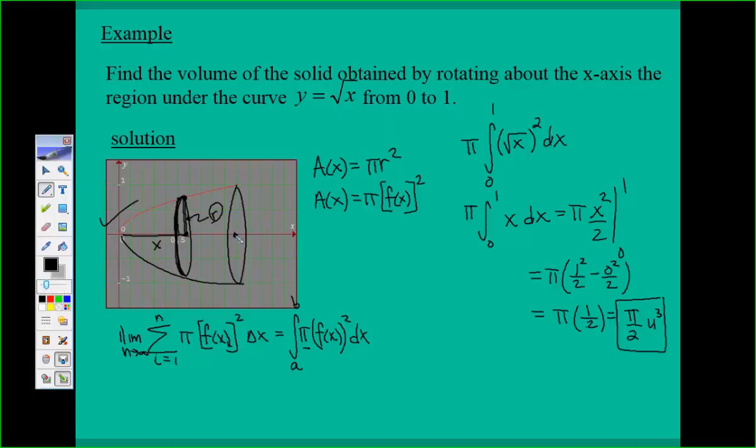So in general, if we're rotating some function around an axis, the x-axis, we can generalize our formula to this.